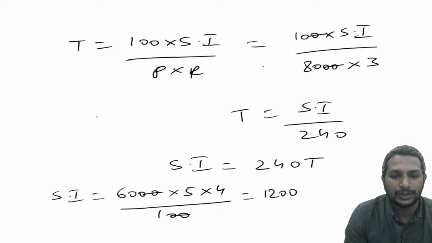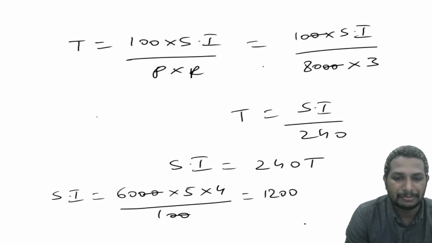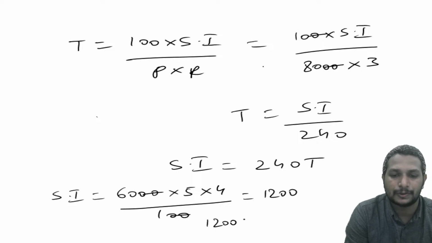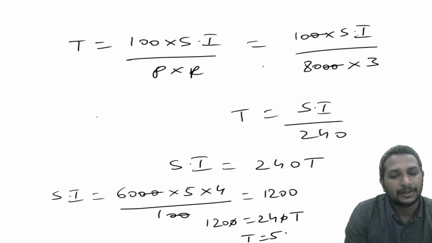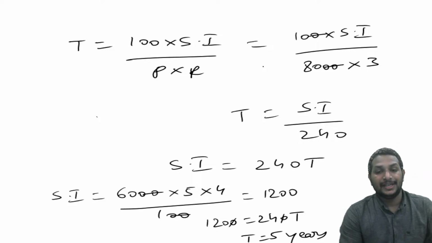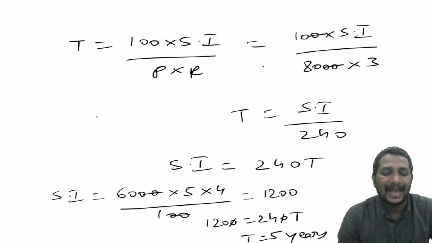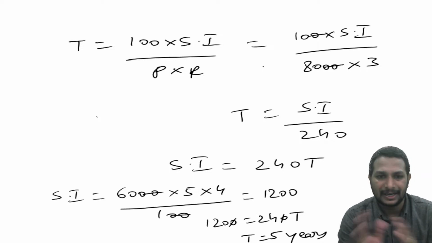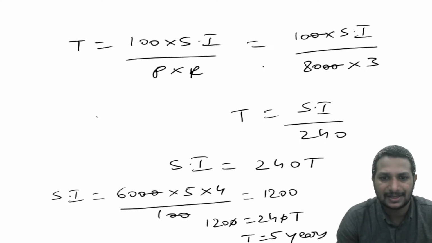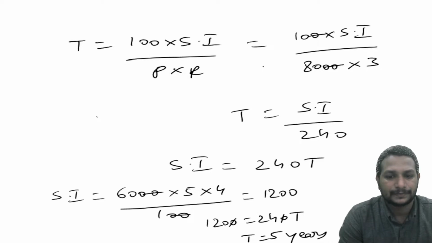If I equate both the simple interests, 1200 equals 40 T. So T is 1200 by 40, which is 5 years. The answer for this question is 5 years. As they mentioned that simple interest is the same in both the cases, the time we got is 5 years.